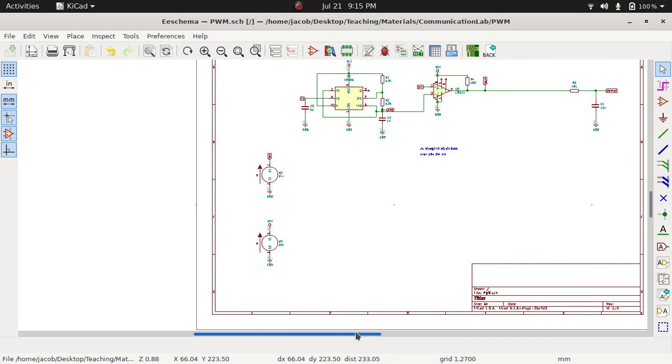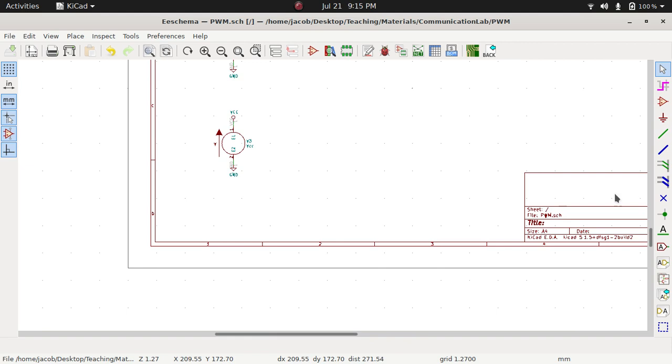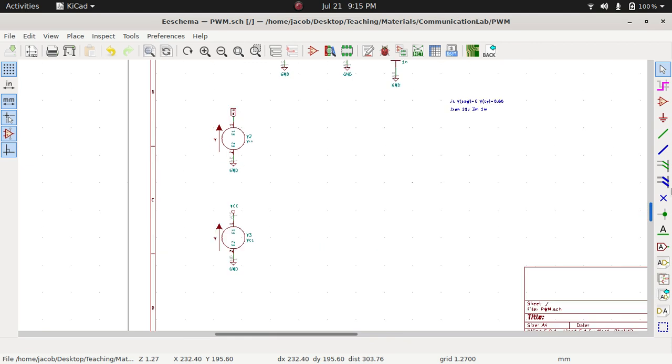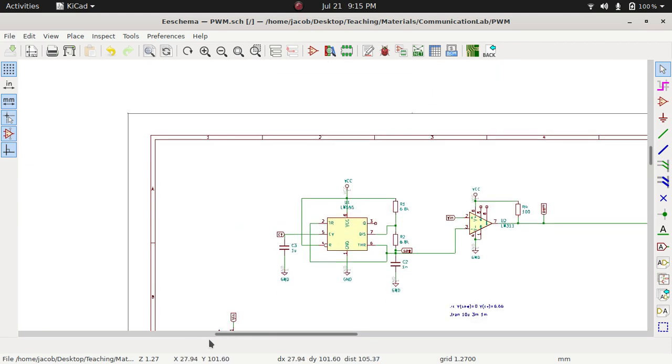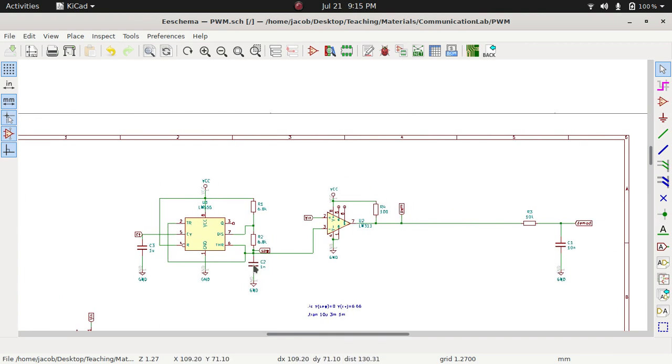So as an overview, I have a 555 here to generate a sawtooth waveform which is fed into a comparator's negative input, and at the positive input I am feeding the actual analog signal itself.